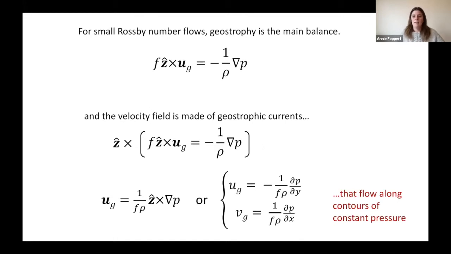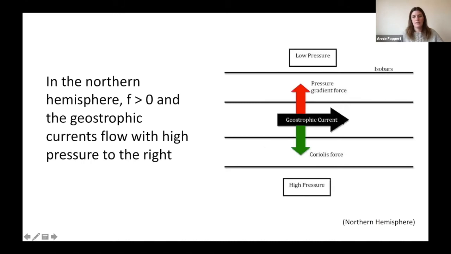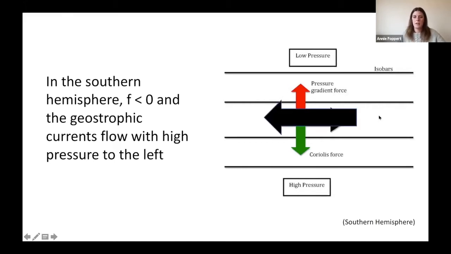And again, it's along contours of constant pressure. This is for the northern hemisphere, where f, the Coriolis parameter, is positive. You have a geostrophic current with the high pressure to your right. In the southern hemisphere, it's opposite, with the geostrophic current with the high pressure to the left.